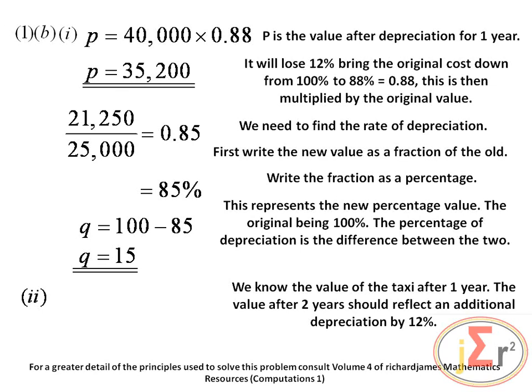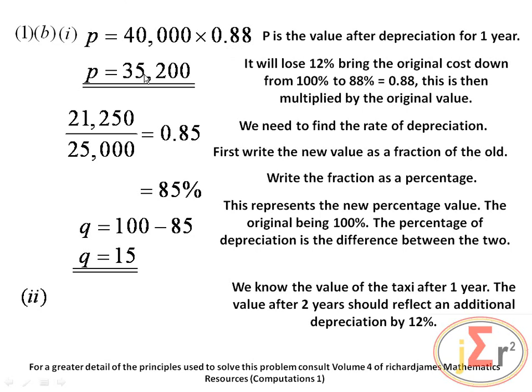So we have to cause the value to diminish by, or to depreciate by, or to lose 12%. Of course, to lose 12%, we need to multiply by 0.88 as we did before. So all we need to do is take this value that we have here and multiply by 0.88 again.